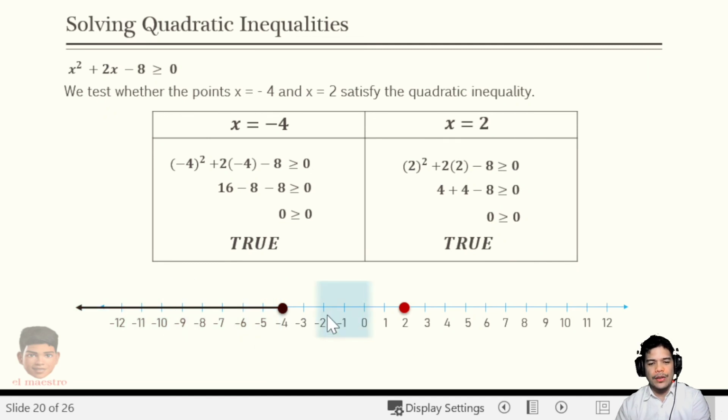Then, region 2, which is false, so since that is false, wala tayong ilalagay dyan. And region 3, we know that that is true, so lalagay tayo ng line, then ida-dark lang natin yan, so meaning kasama sa solution. So this is now the graph na hinanap natin. Find or solve the set of x, then graph your solution. So this is your answer. Okay?